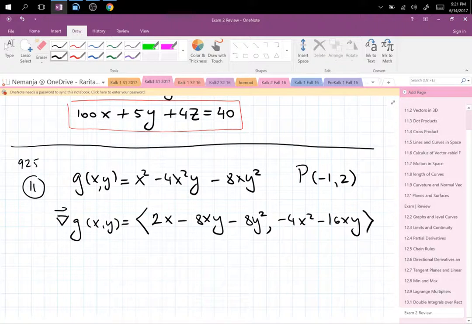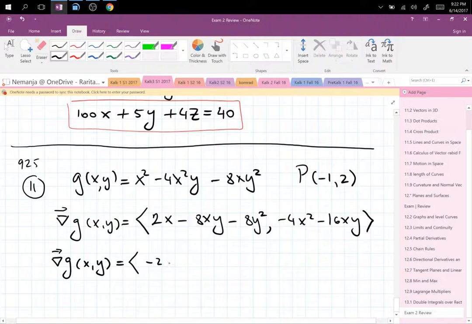This is 12.6. You also need this for Lagrange. So now they want us to compute this at point negative 1, 2. So x is negative 1, y is positive 2. So I have negative 2 plus 8 times 2 minus 8 times 4.